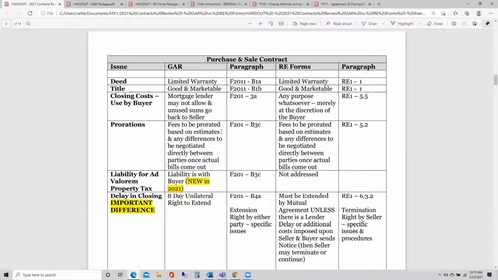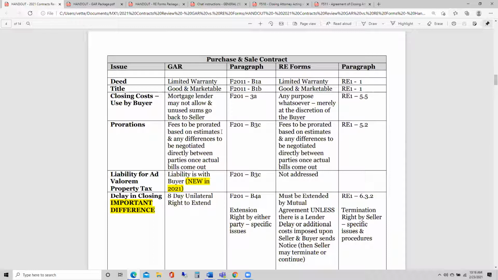If the bill has not come out for this calendar year, which they don't come out till the fall, the closing attorney typically will use the last bill available. When the actual bill comes out for this year, if there were any differences, the parties agree to prorate those differences between themselves. Ha ha, like fun. That is the same in both GAR and RE.